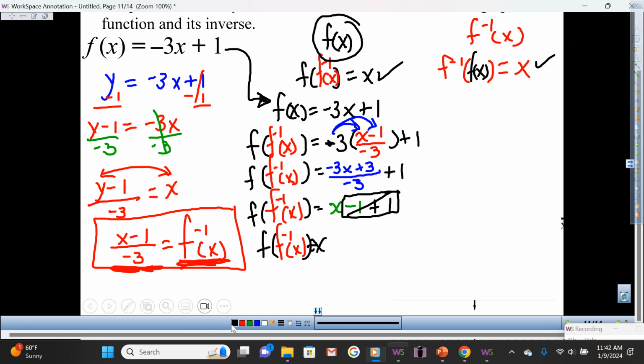So what do we write here, guys, in this first step after we write what we're looking for? Well, instead of f of x and that equation, we need to write this one. F inverse of x. I'm going to show you the arrow. This one over here. X minus 1 over negative 3.